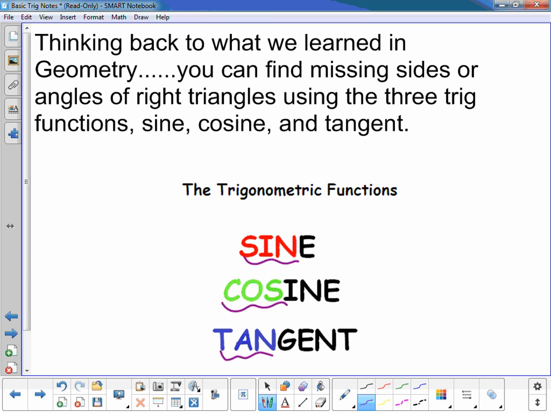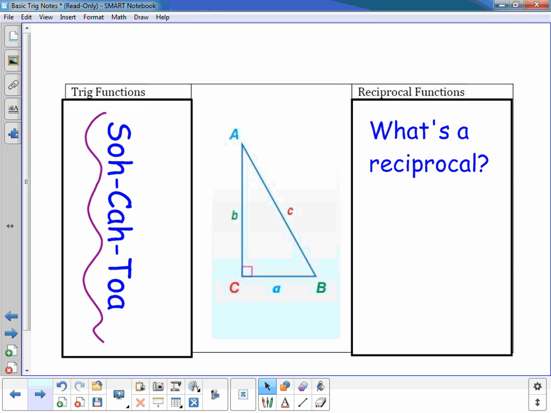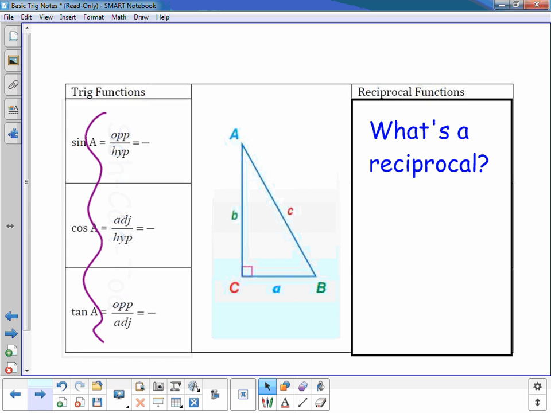In order to calculate these, we can use the clever little saying that we've all heard, SOHCAHTOA, which means sine equals opposite over hypotenuse, cosine equals adjacent over hypotenuse, and tangent equals opposite over adjacent.